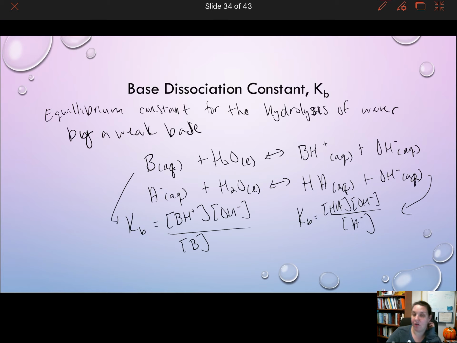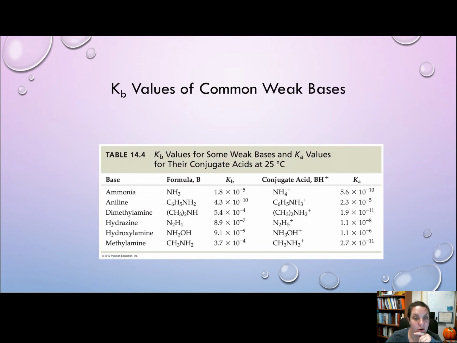And same idea, the greater the value of our Kb, the stronger our base. Here are some Kb values for some weak bases. As a note, we can also solve for pKb. And the same idea. The larger your value of your Kb, the lower your pKb.